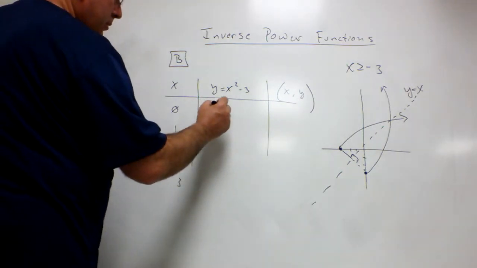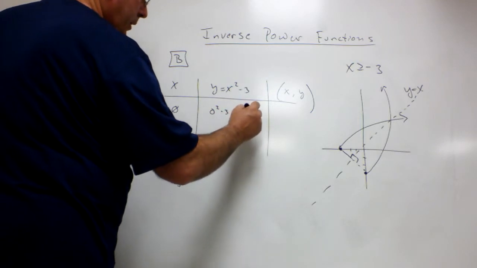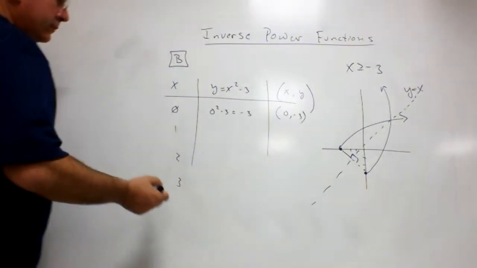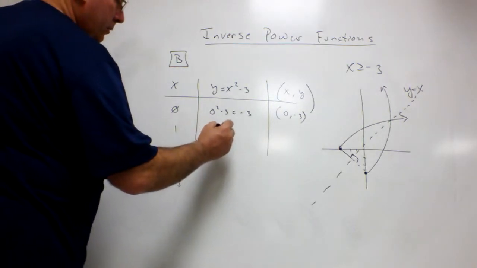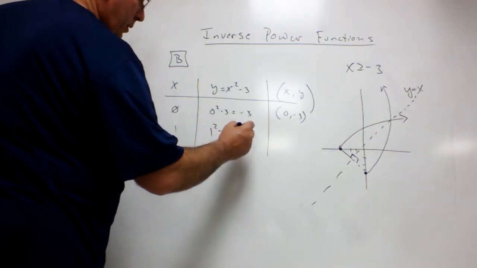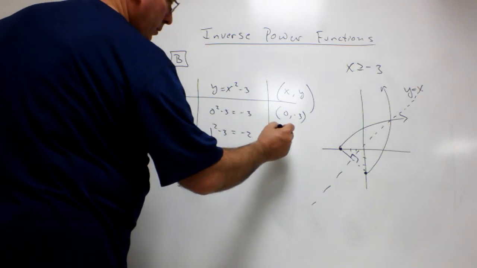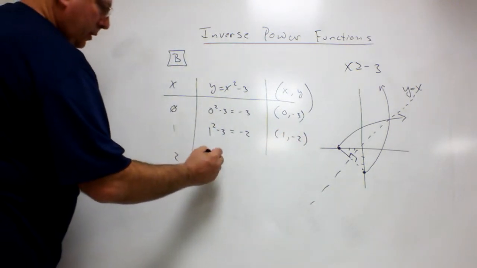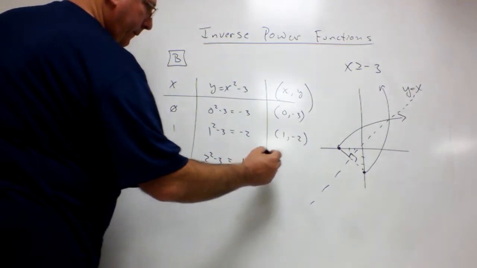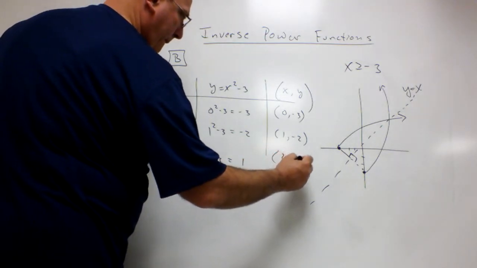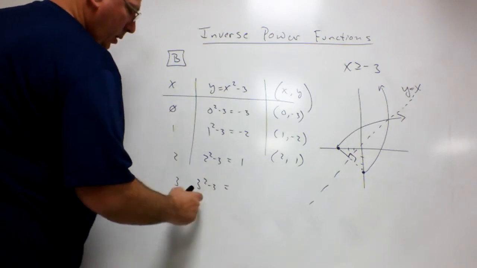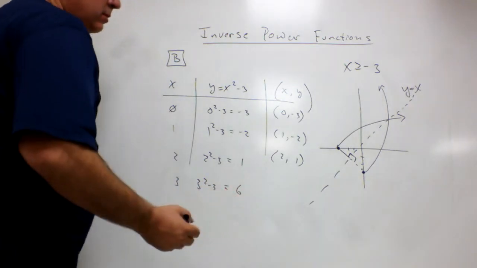If we put in 0, squared minus 3 is negative 3. That is our starting point. If we put in 1 squared minus 3, we get negative 2. If we put in 2 squared minus 3, we get 1. And if we put in 3 squared minus 3, we get 9 minus 3 is 6.